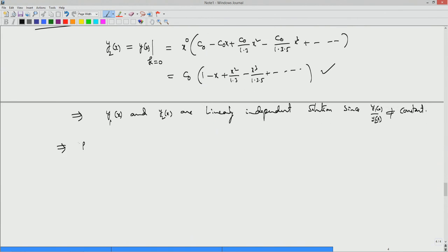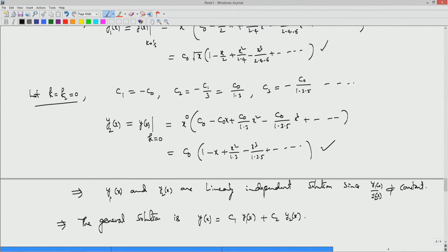So, that implies the general solution of the given equation is y of x equal to C1, some arbitrary constant, times y1 of x plus C2 times y2 of x. What is y1 and y2? By considering your C0 as 1 here, and similarly here you take it as 1.